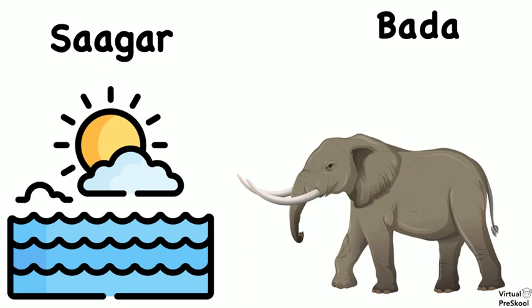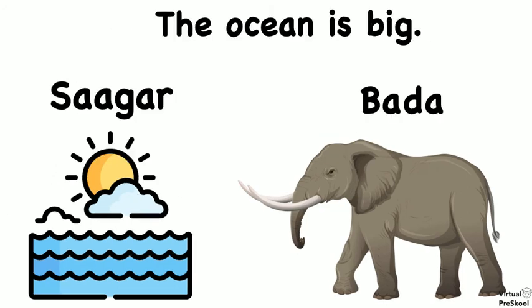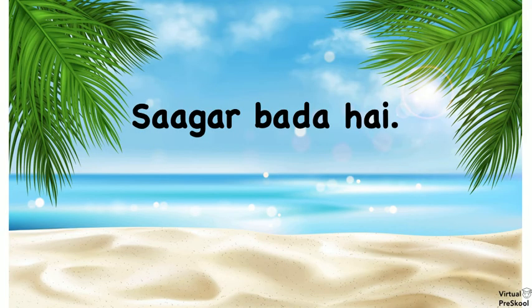And our sentence was the ocean is big. So how would we put the whole sentence together to say the ocean is big? If you said Saagar bada hai, shabash. Saagar bada hai, the ocean is big.